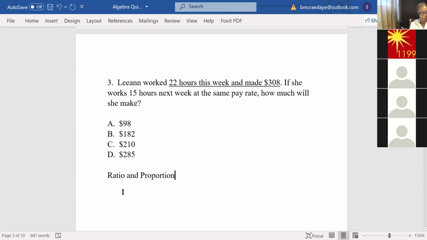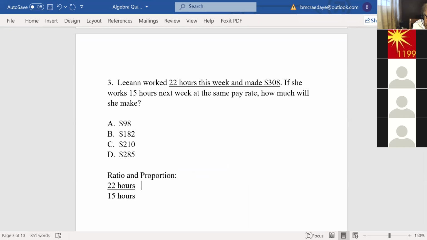What would it look like? 22 over 15 hours. And you put that over 15 hours, times 308 over 1. The 22 hours is 308, right?